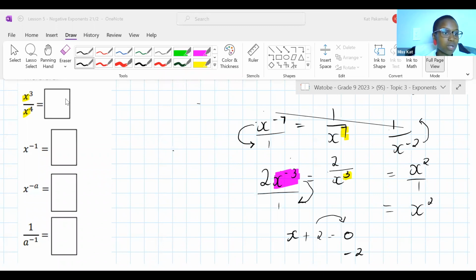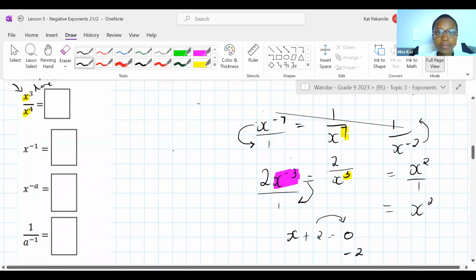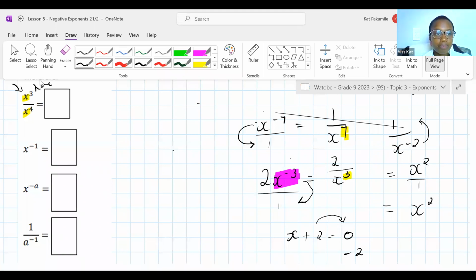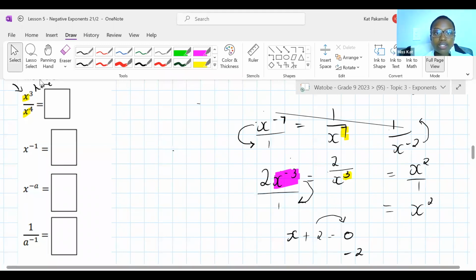People say it's -1. Law 2, that's correct. So our answer is what?